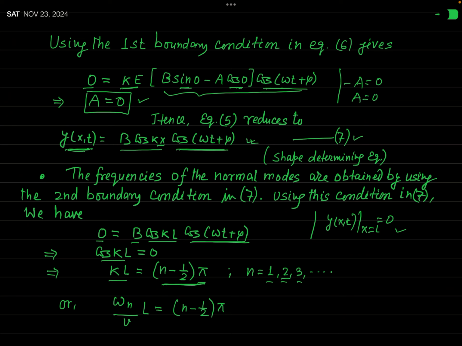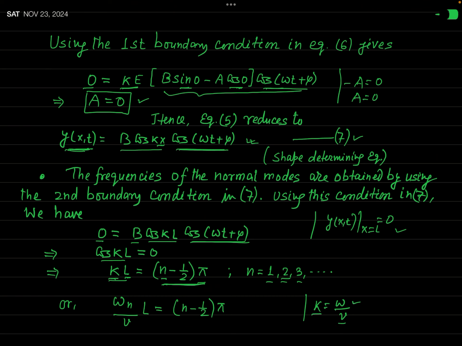Now let us consider our air column is vibrating in nth mode. You have seen earlier that this constant k is given by omega over v. But as the length of the tube is fixed and n varies, k will have a different value corresponding to different values of n. So in this expression, if k changes, what on the RHS will change?